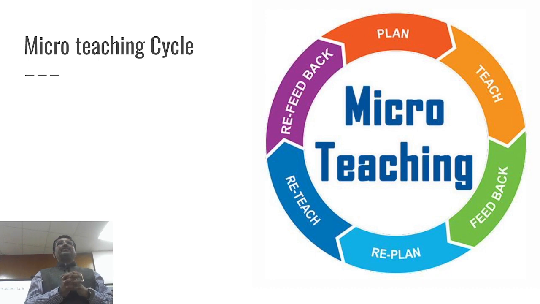There are various skills. That is why, kindly remember, when I started my class, I asked you whether teaching is an art or a science. It's a combination of art and science. Inborn teachers are also there. We say he was a born teacher. Rabindranath Tagore was a born teacher.